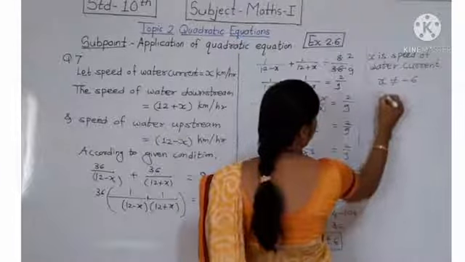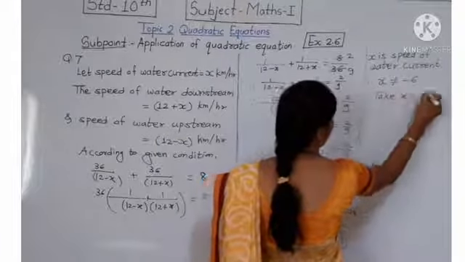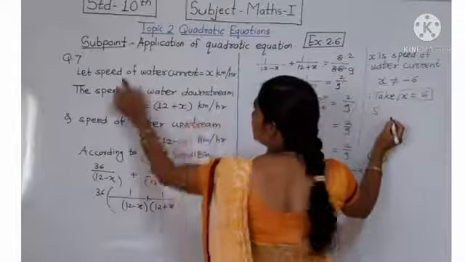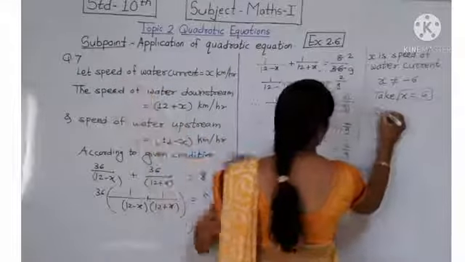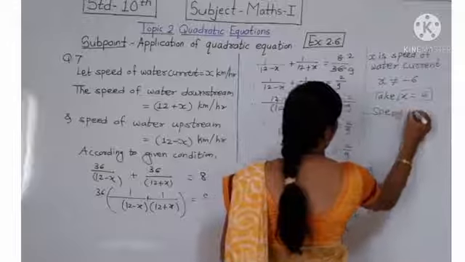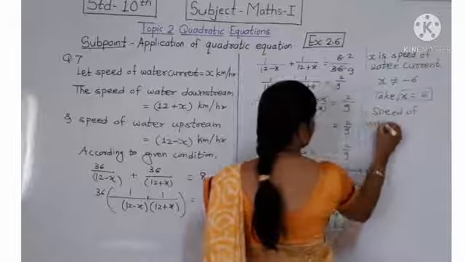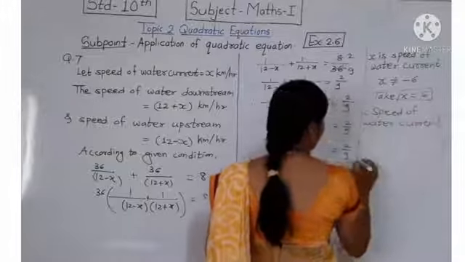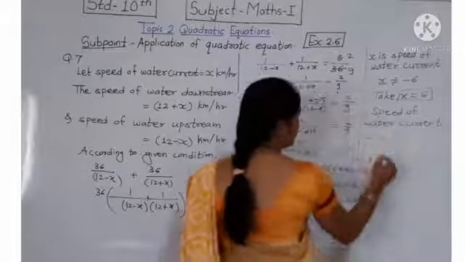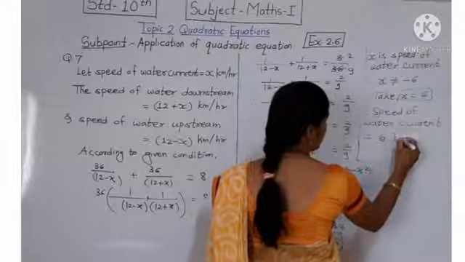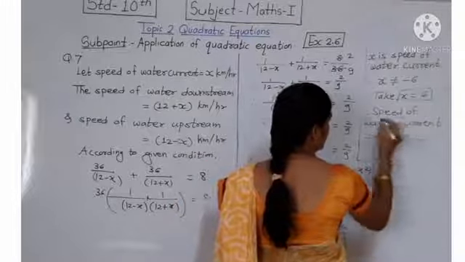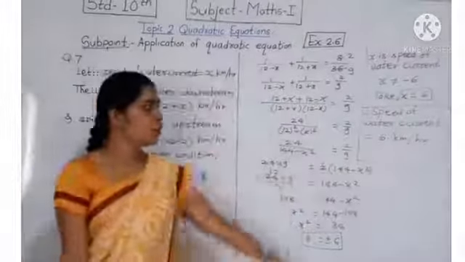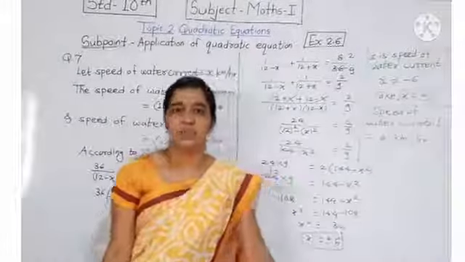Therefore, take x is equal to 6. That is, the speed of water current is equal to 6 km per hour. This is the last answer: the speed of water current is equal to 6 km per hour.